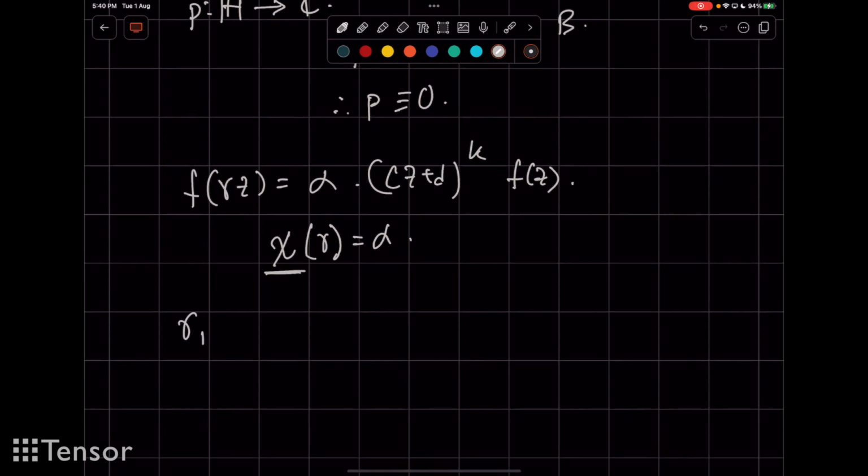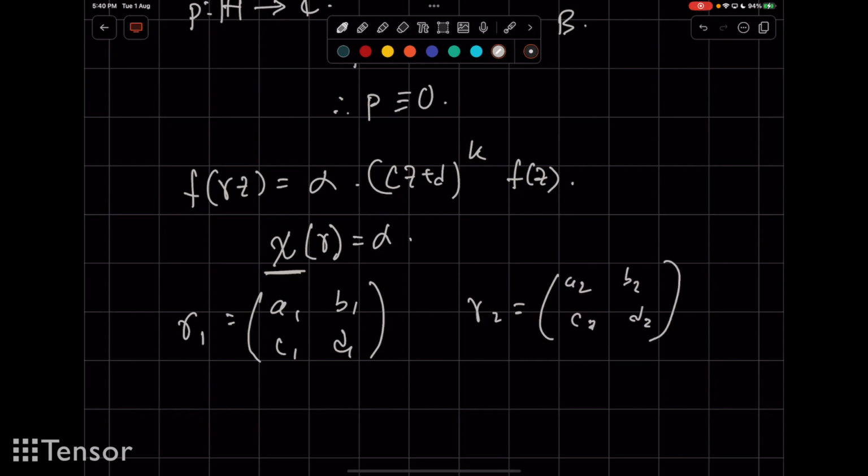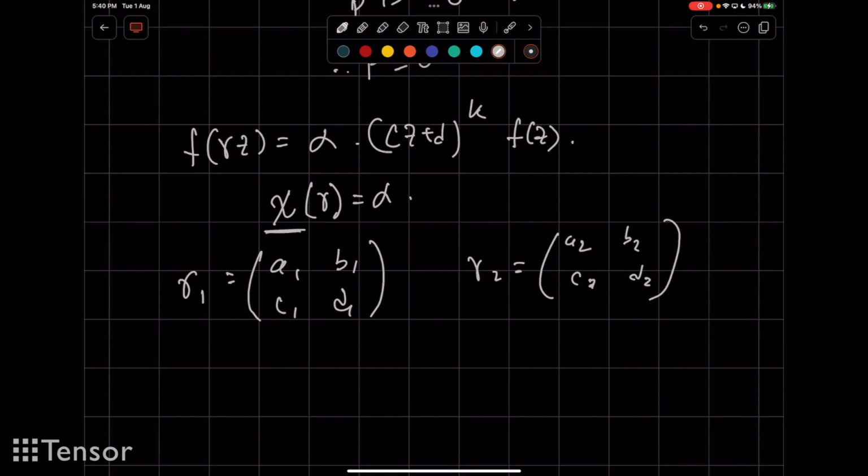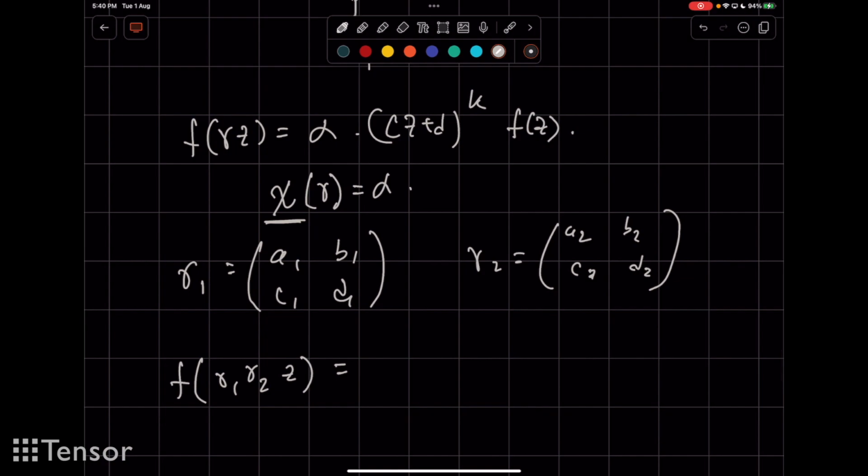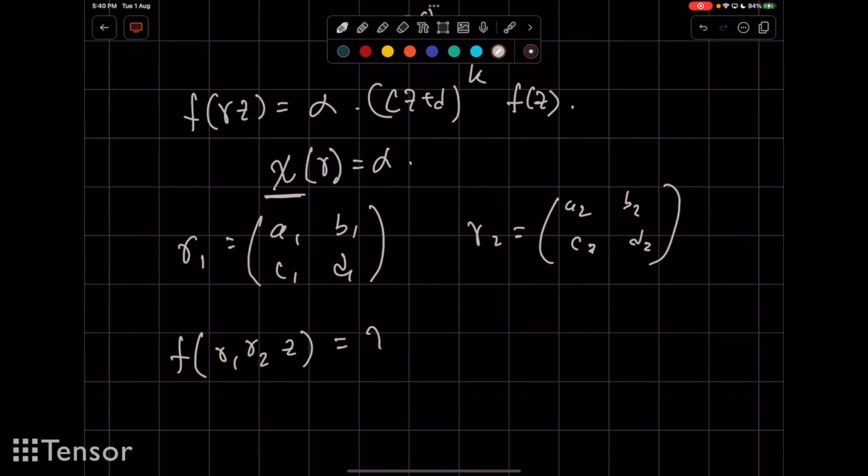Let's say we take two matrices, gamma 1 with entries A1, B1, C1, D1, and gamma 2 with entries A2, B2, C2, and D2. Then f of gamma 1 gamma 2 z is equal to chi of gamma 1 gamma 2 times, what is the lower row entries of the product gamma 1 times gamma 2?